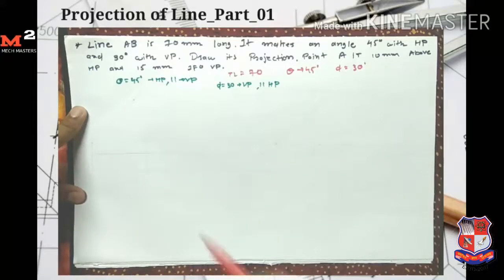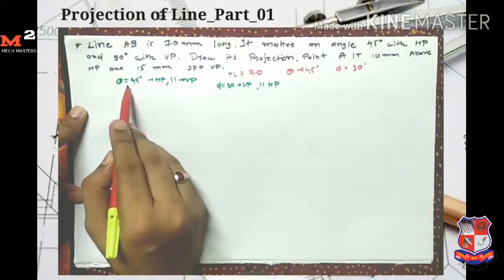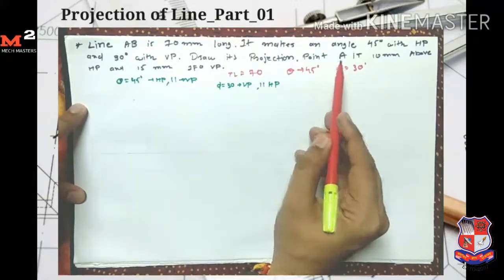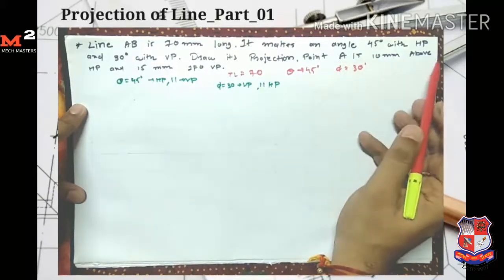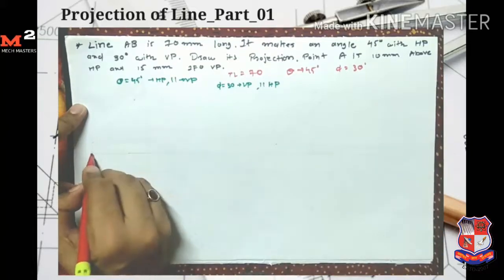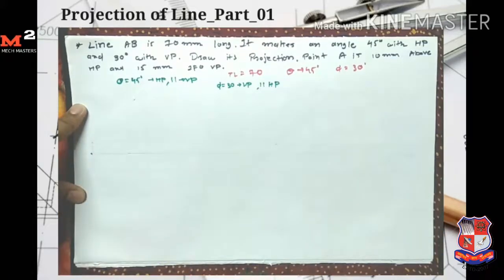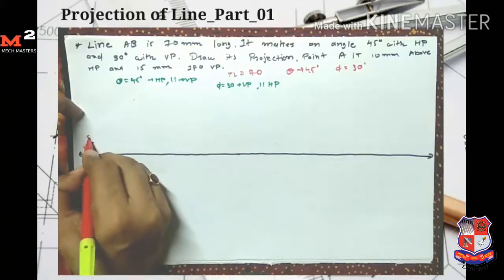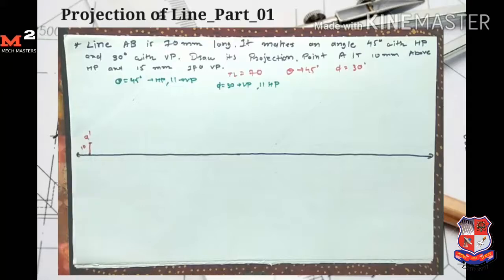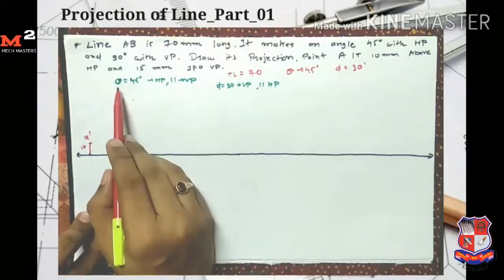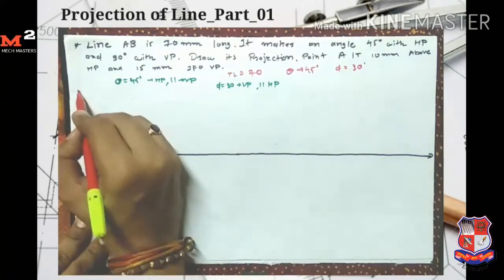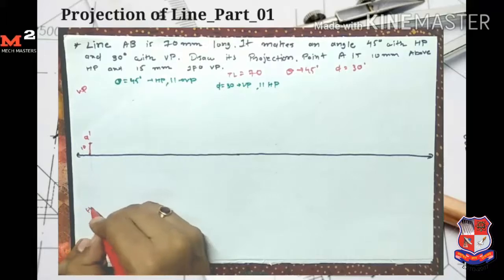In the first case, given that the line makes an angle theta of 45 degrees with the HP, first I mark the points X and Y. The point A is 10 mm above HP, so I draw one reference line here first. Now I take the distance 10 mm and mark the point A dash, because the point is 10 mm above HP. This one is my vertical plane and this one is the horizontal plane.